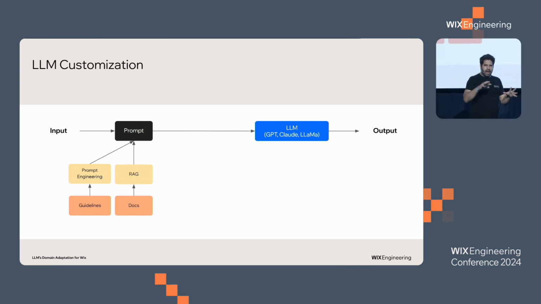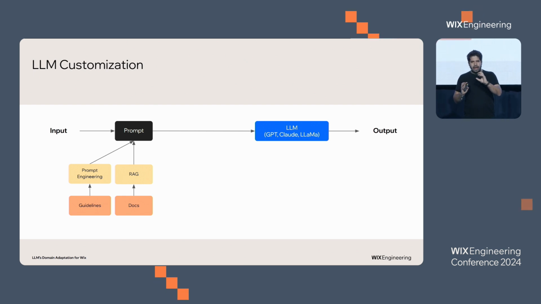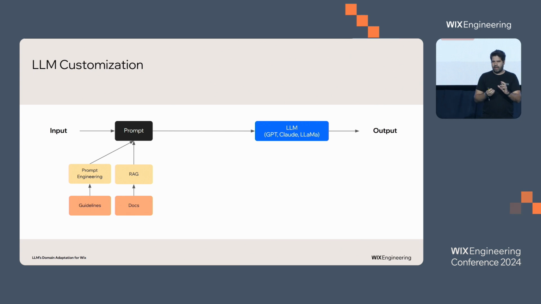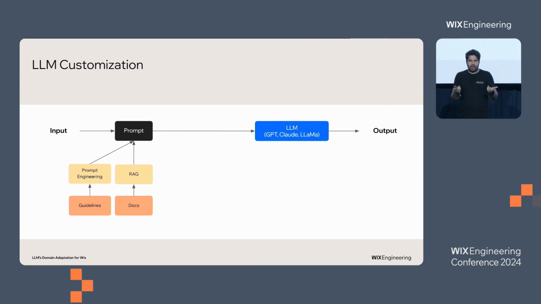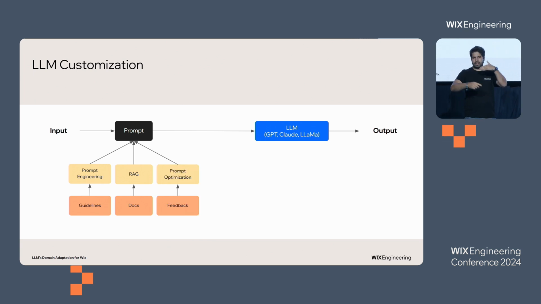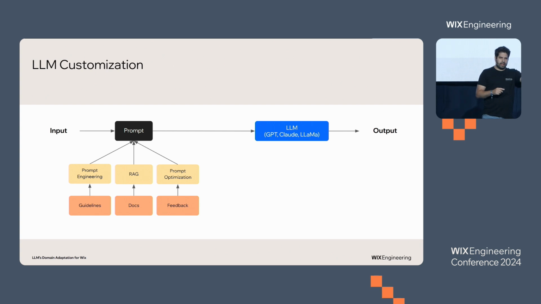We can also use RAG. RAG is Retrieval Augmented Generation, where you add more information to the prompt from your documentation, from different internal knowledge you have in your business. Another process is prompt optimization, where you iteratively improve the prompt. These are all techniques for improving only the prompts.